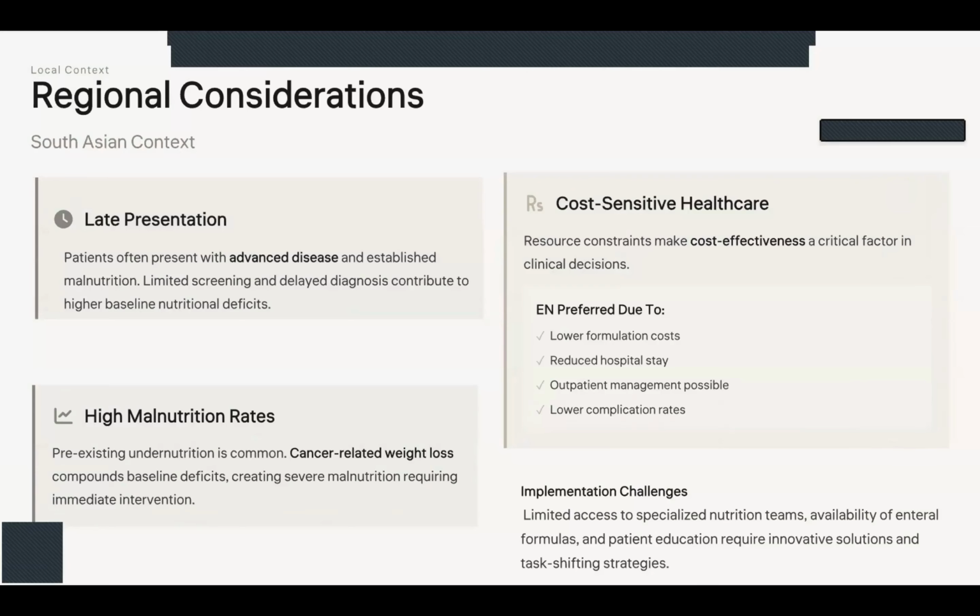As a result, enteral nutrition is generally preferred because it is less expensive, associated with fewer complications, and can often be managed in outpatient settings. However, we must also recognize the challenges, including limited access to specialized nutrition teams and the need for better patient education.